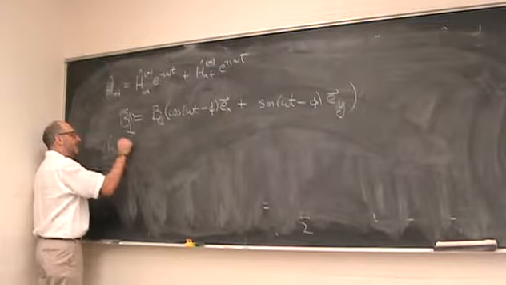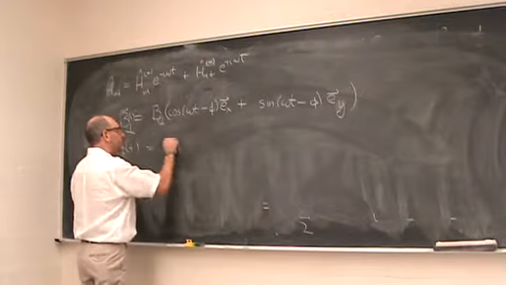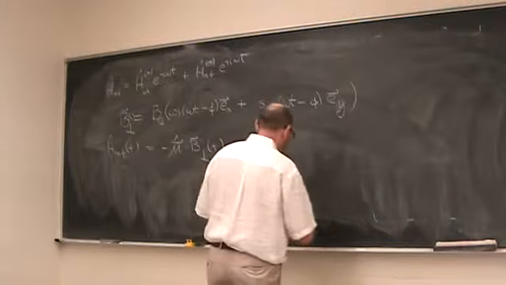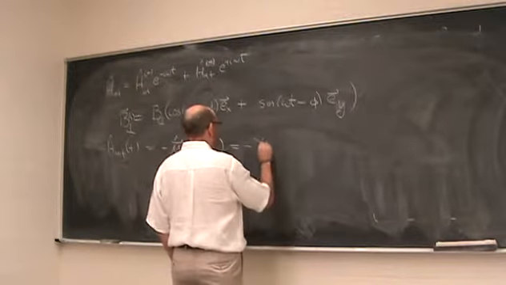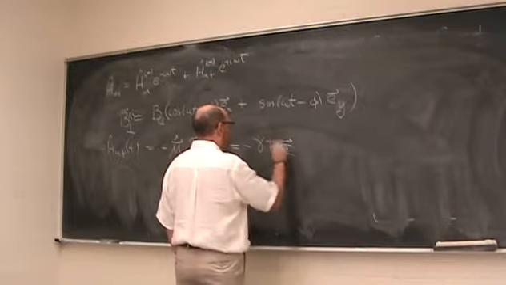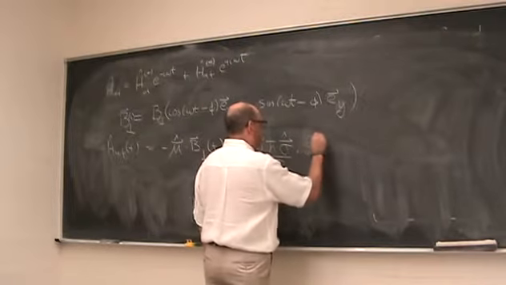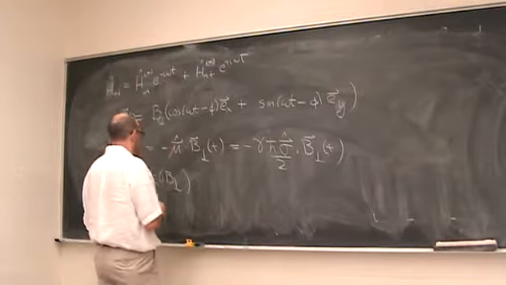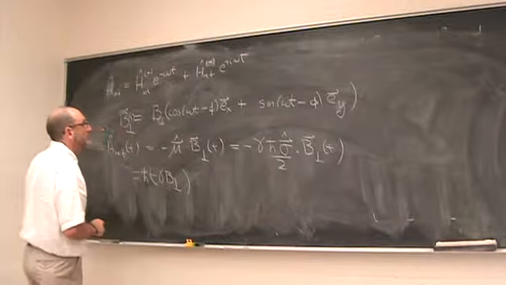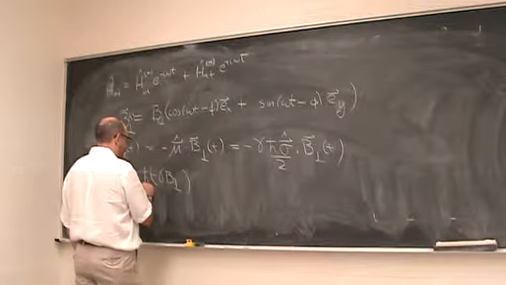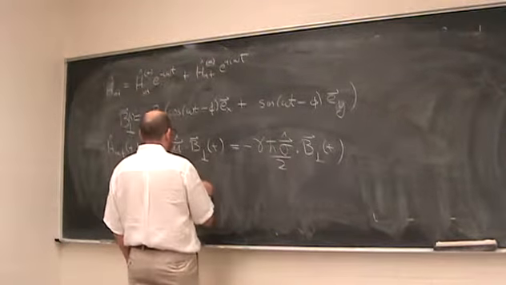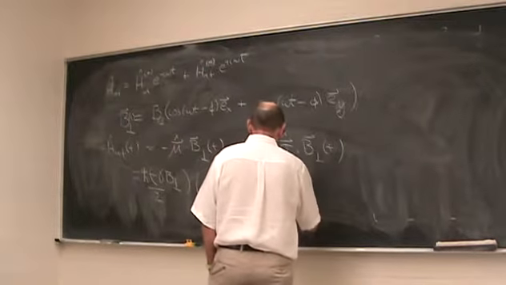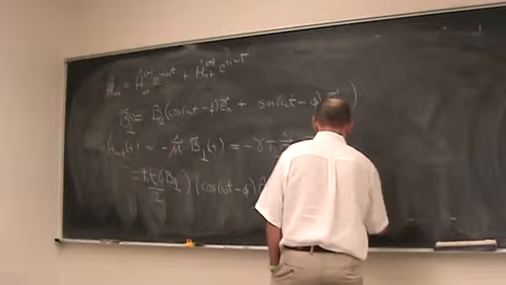My interaction Hamiltonian as a function of time is then equal to minus mu dot B perp as a function of time, which is equal to minus gamma h bar sigma over 2 dot B perp as a function of time, which is equal to minus gamma B perp times h bar over 2 times cosine of omega t minus phi sigma x plus sine of omega t minus phi sigma y.